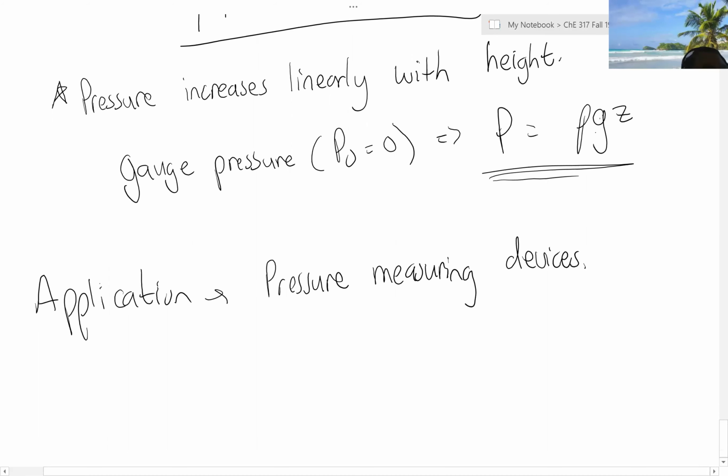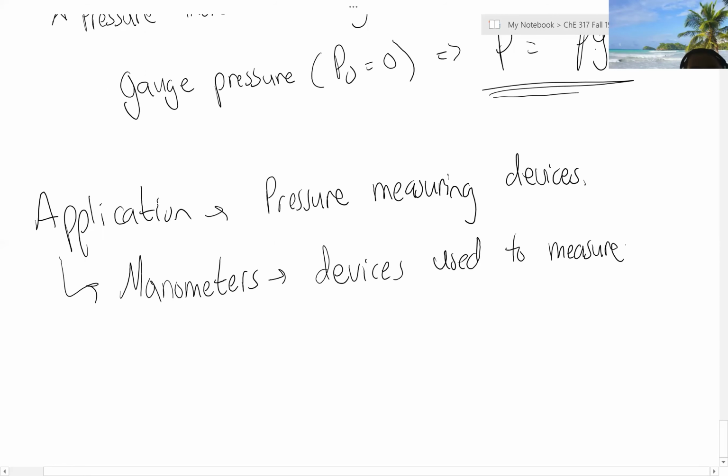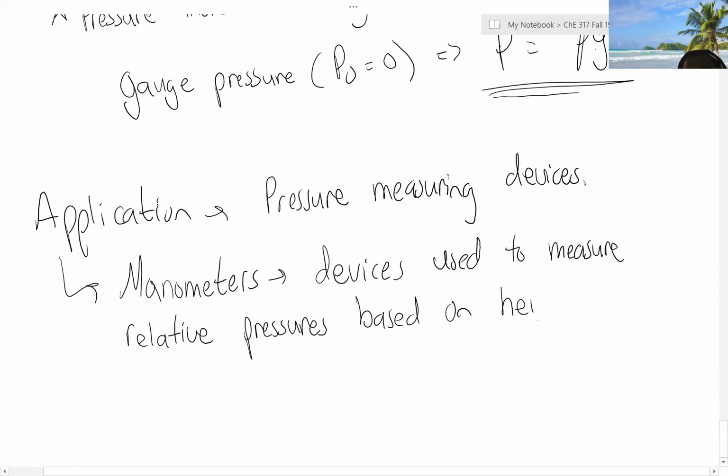And for right now, we're going to look at everybody's favorite, manometers, which are devices used to measure relative pressures based on the height of reference fluids.